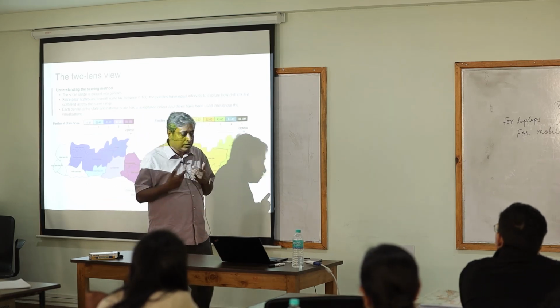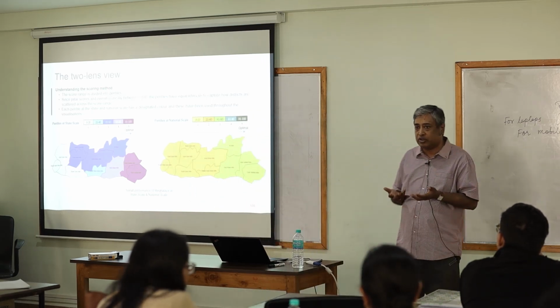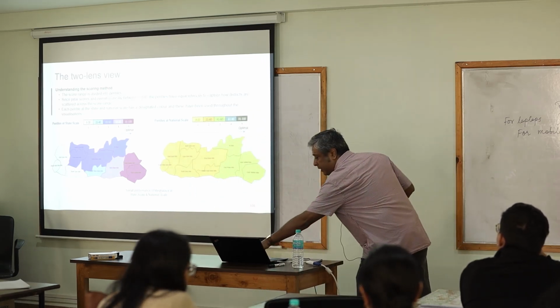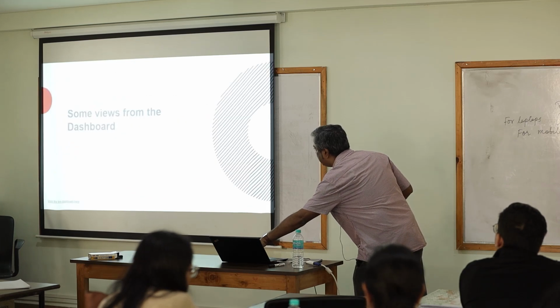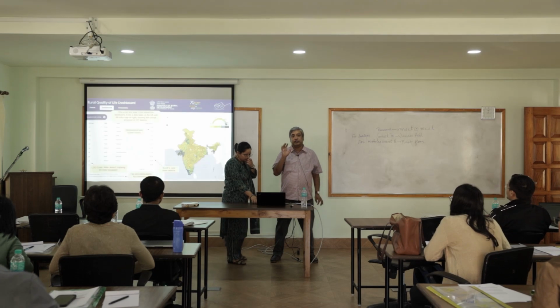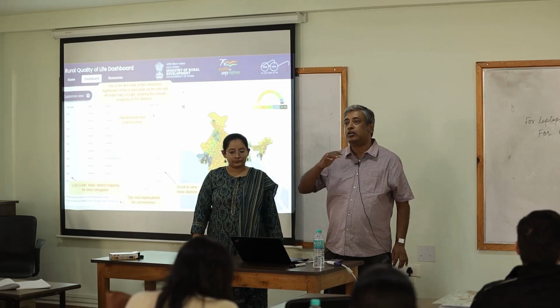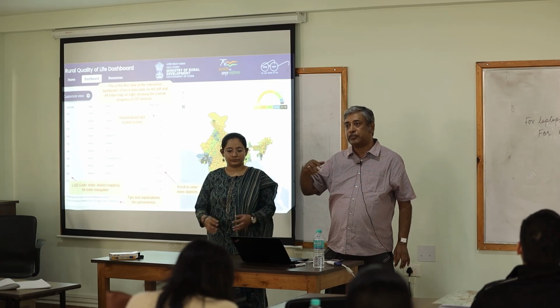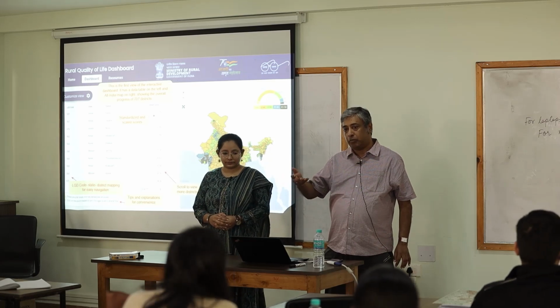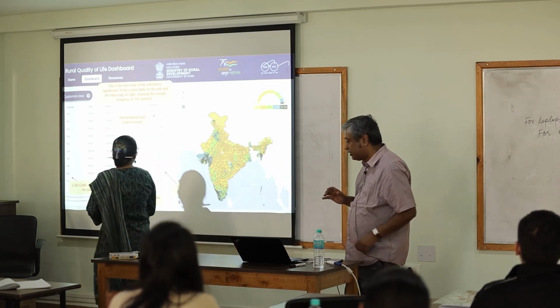Do I know which sectors they have done badly and which sectors they have done better? You want to do this from the dashboard? This is again why preparing a dashboard made it very easy. We have shown this to government, we have shown this to political leaders and all that, and it's intuitively very easy to understand.